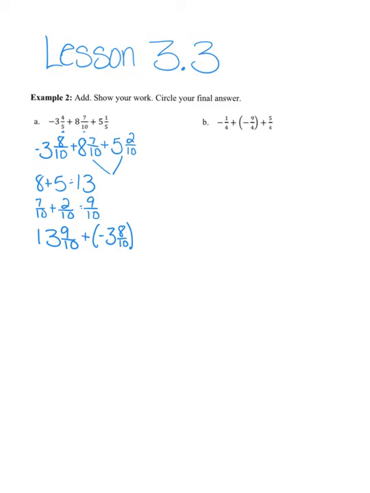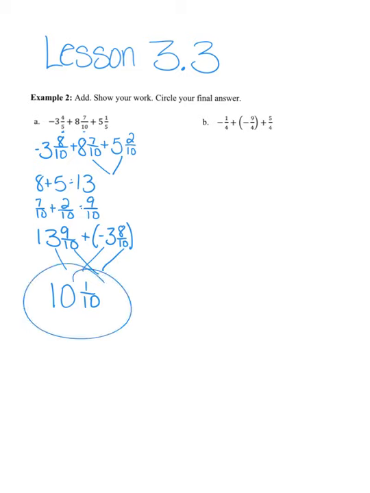So what I could really do is just take 13 minus 3, which is 10, and 9/10 minus 8/10, which is 1/10. So what I've got here is 10 and 1/10 as my sum.